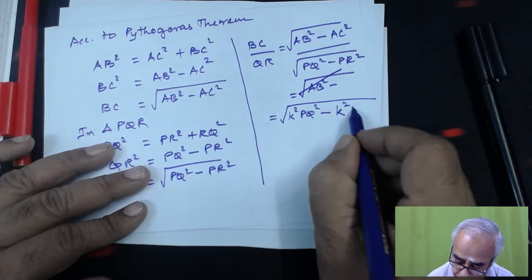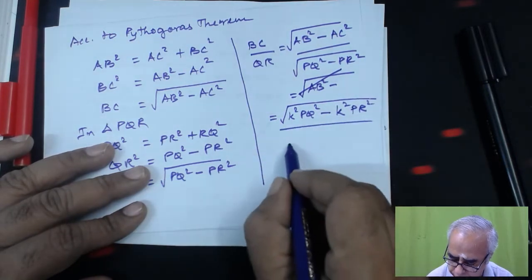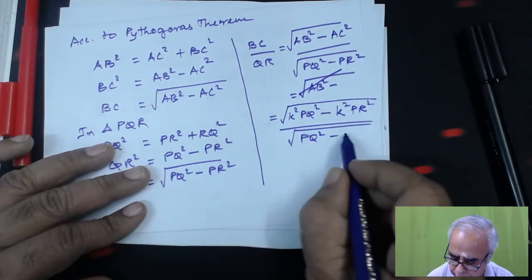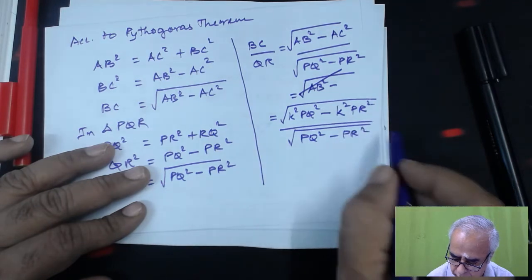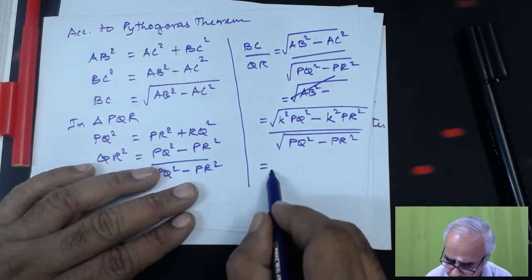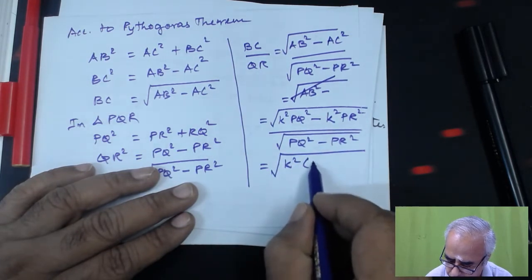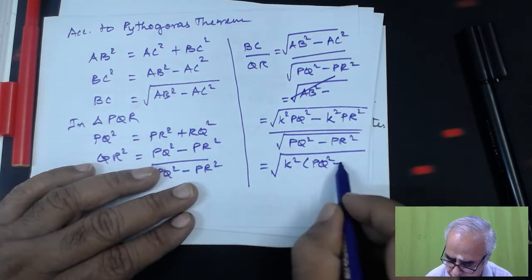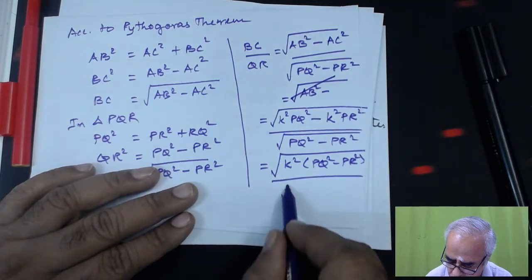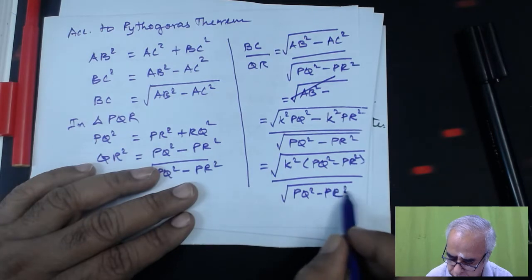Whole divided by square root of PQ squared minus PR squared. So we can take K squared common, so we can put PQ squared minus PR squared whole divided by square root of PQ squared minus PR squared.